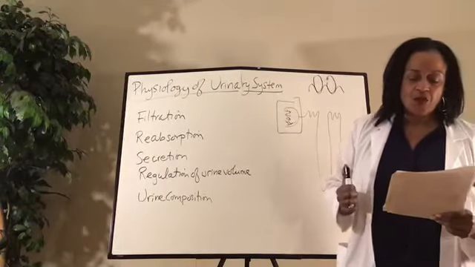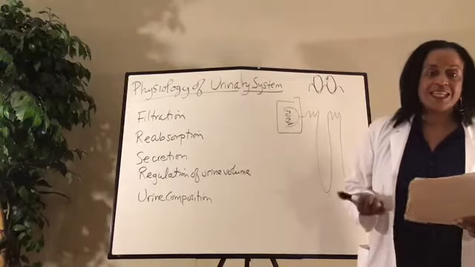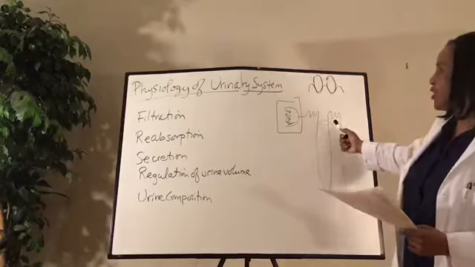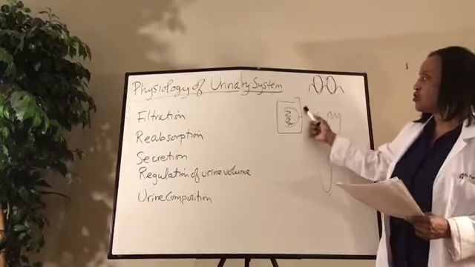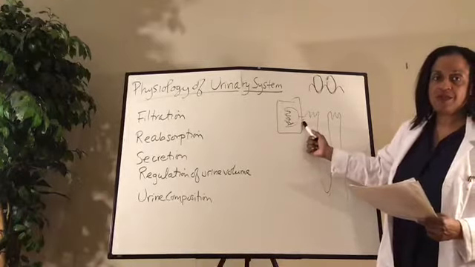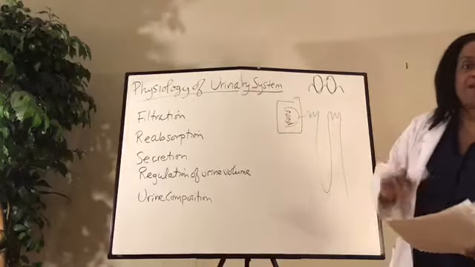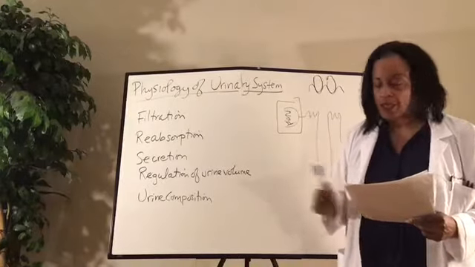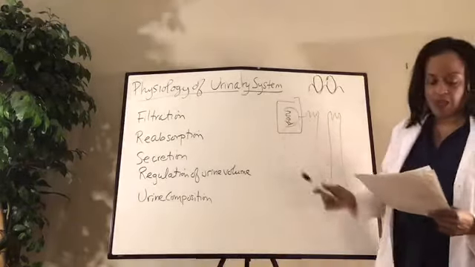It is a physical process that occurs in the kidney's 2.5 million renal corpuscles. So it's 1.25 million renal corpuscles in each kidney.